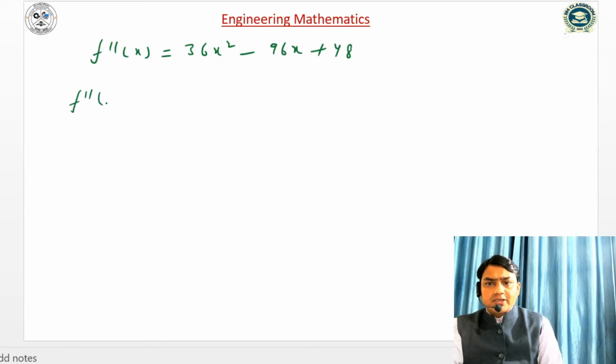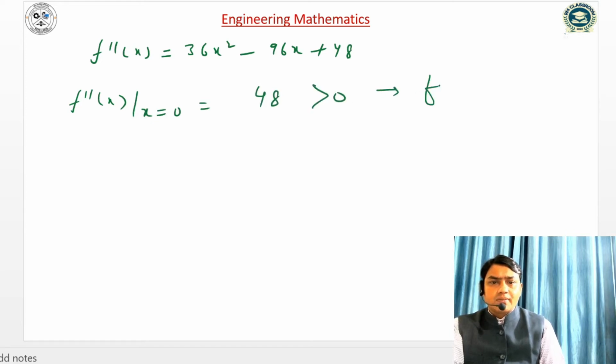So f double dash x at x is equal to 0 will be 48. So greater than 0 means the function attains minima at x is equal to 0.